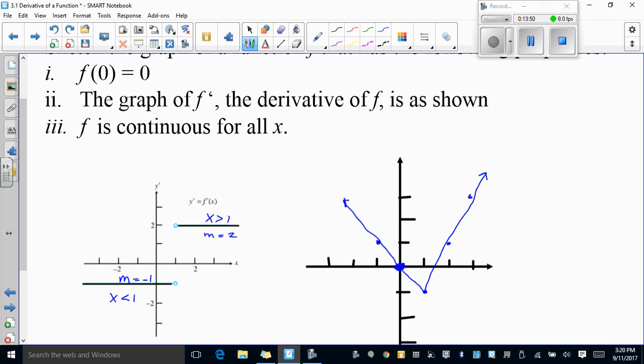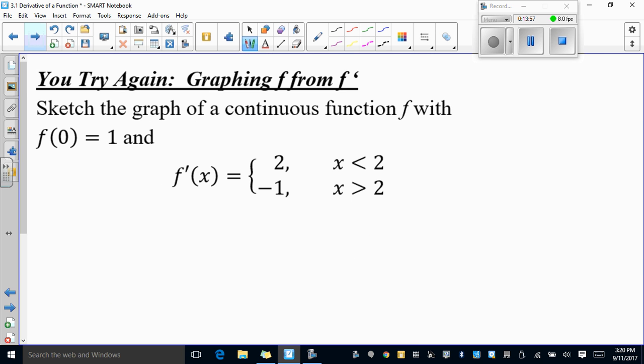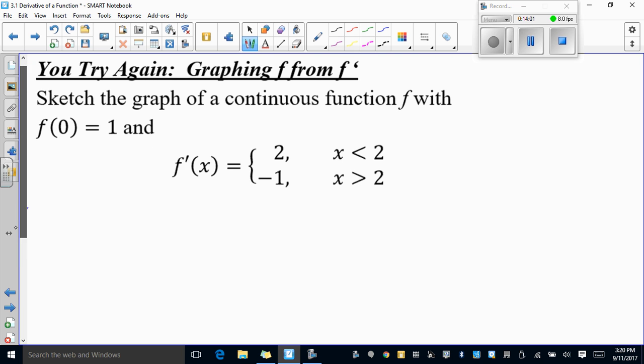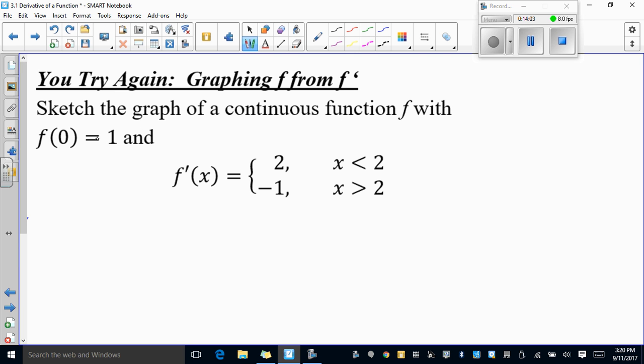This one I didn't even make a thing for. Sketch the graph of a continuous function f with f(0) equaling 1, important information. And then they gave you f prime. Remember, these are slopes. f prime of x equals m, and just in case you don't remember what m is, slope. So since I don't have a grid here, let me make one.